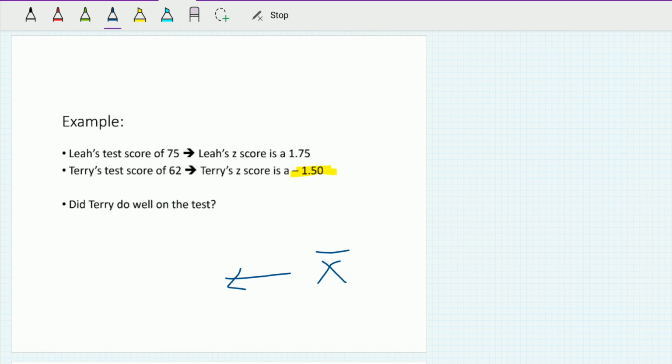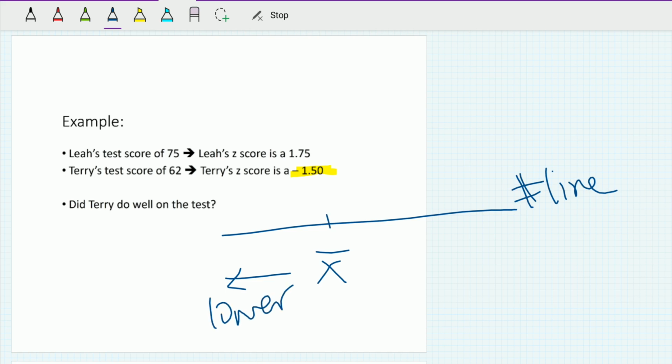If you think of this as a number line, which you should, then that means Terry scored lower than the average. And then Leah obviously scored higher. If I give you the standard deviation and the mean, you can easily calculate where he lands. But for right now, that's how you would compare a positive z-score and a negative z-score.